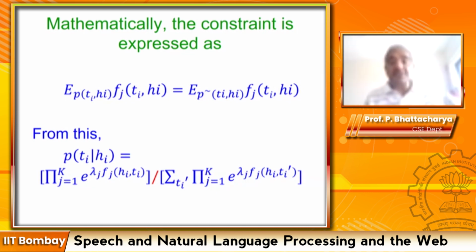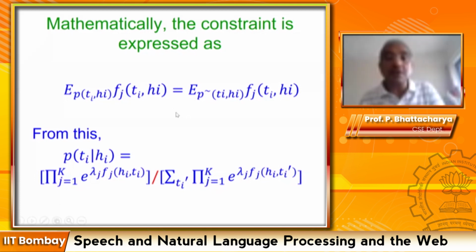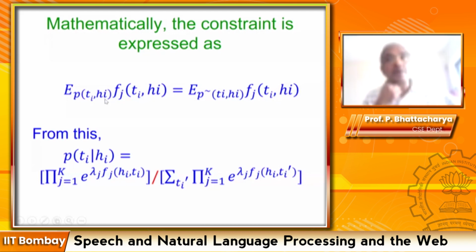So please look up the paper by Toutanova and Manning, and also paper by McCallum, which I have placed on the WhatsApp, and also TAs have placed them in Teams and Moodle, and see how probability of TiHi is converted to conditional probability. Okay, see how they do it.